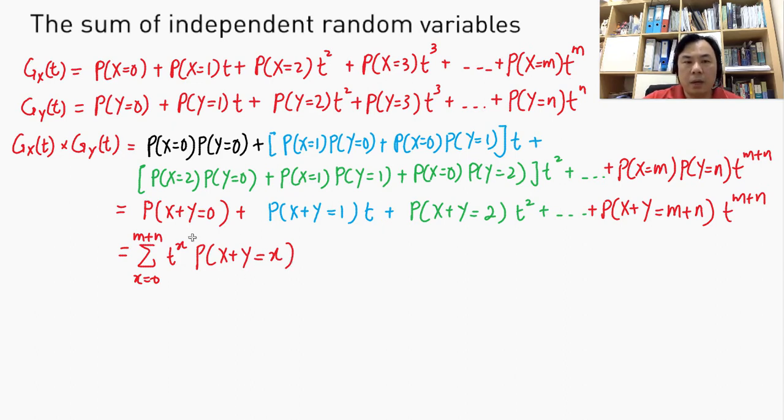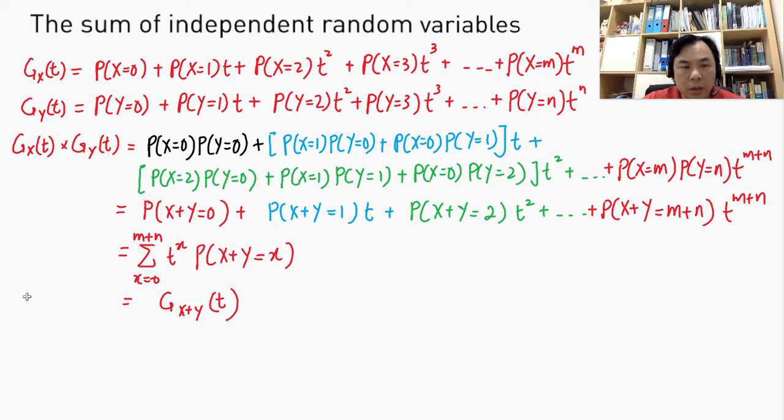Okay, and then you will notice that this is very similar to another probability generating function here. So this one we can actually write down as G of x plus y of t. Okay, so this G of x plus y of t is the combined probability generating function for both of the independent variables x and y.